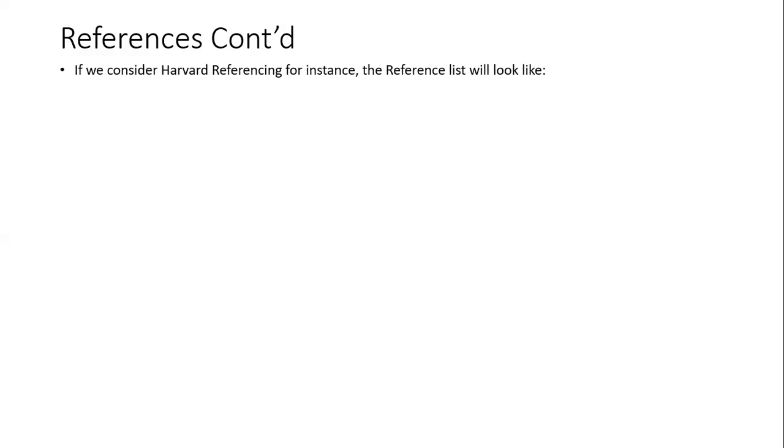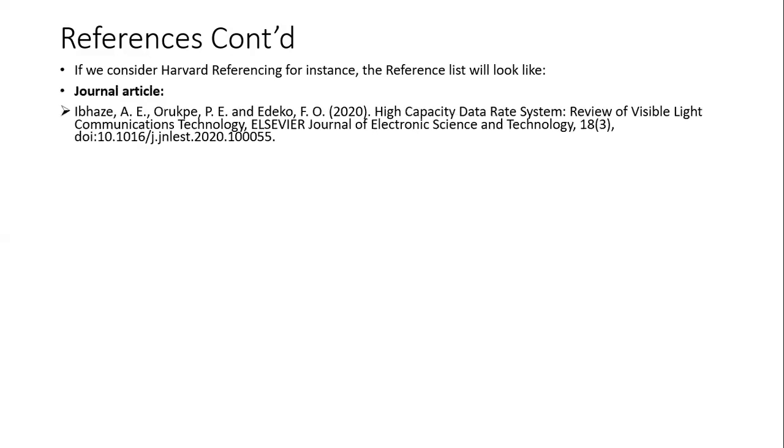Now, if we consider Harvard references, for instance, the reference list will look like this for journal articles. We have the surname of the first author and the abbreviation, say AWR001 A.E., comma, Orukpe, P.E. and Edeko, F.O., 2020 in brackets, being the year of publication.